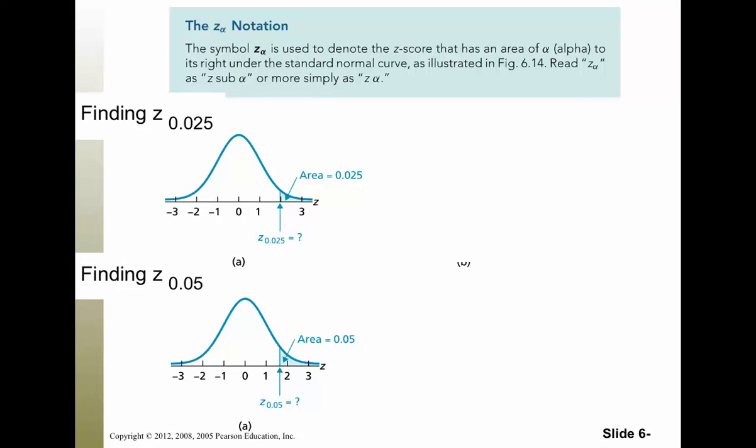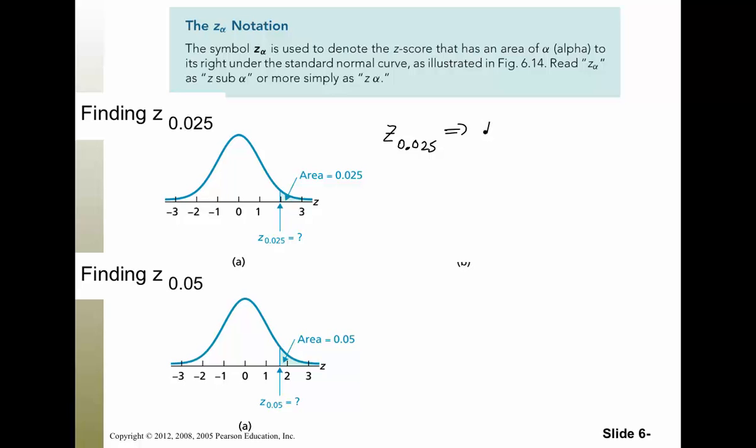So this notation is a little confusing. When you have z sub, and then a number, when you see this, z sub alpha, what is this?